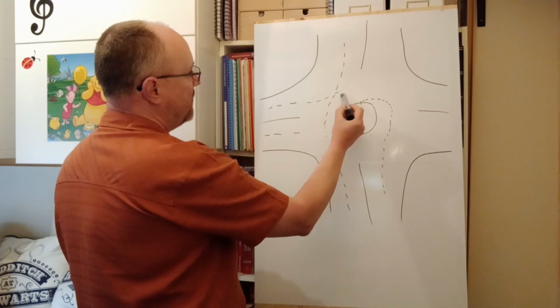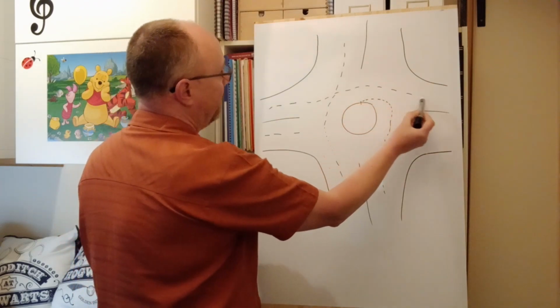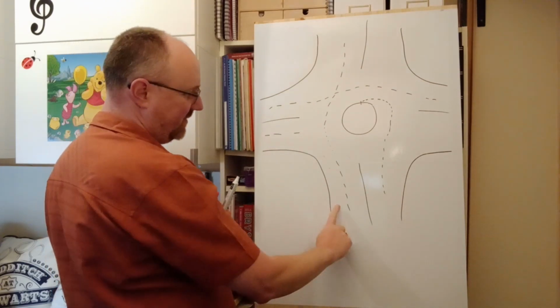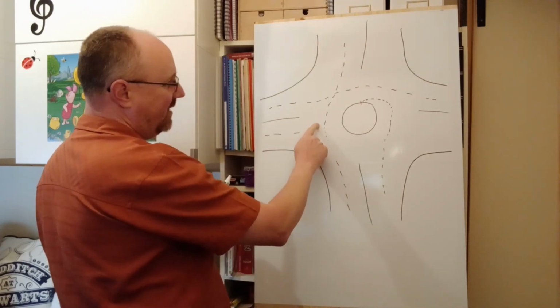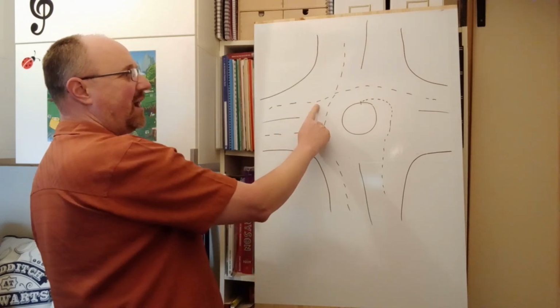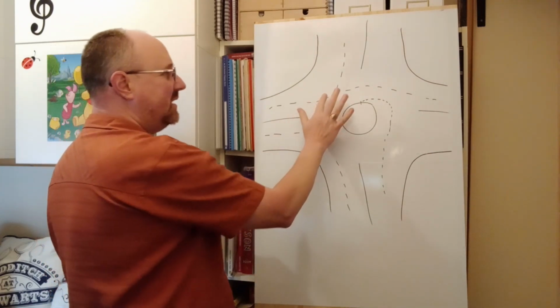And if we draw their road markings on, then we've got lines crossing all over the place here. So traffic coming from here is following this dotted line, but they're crossing over this one.